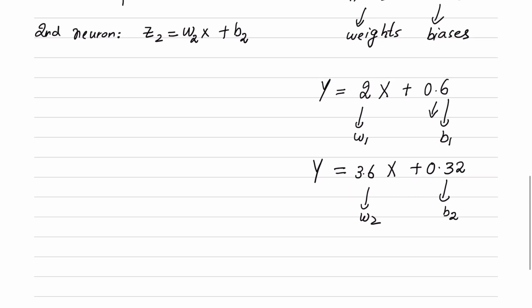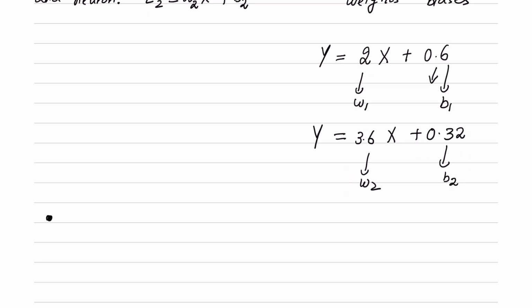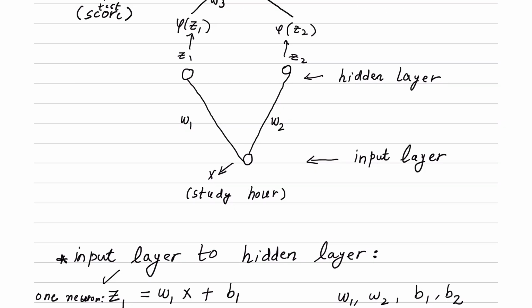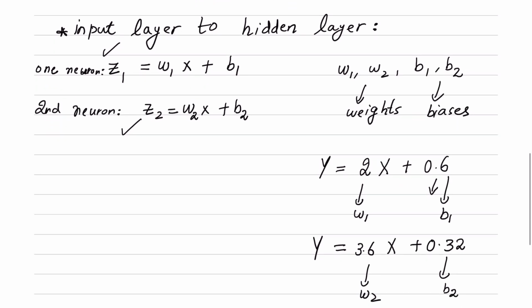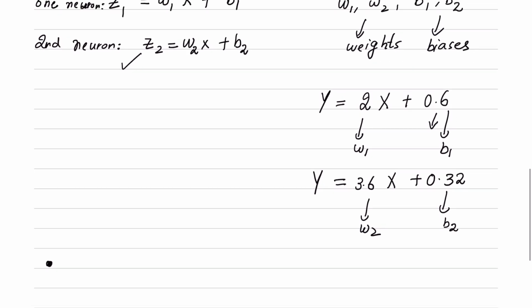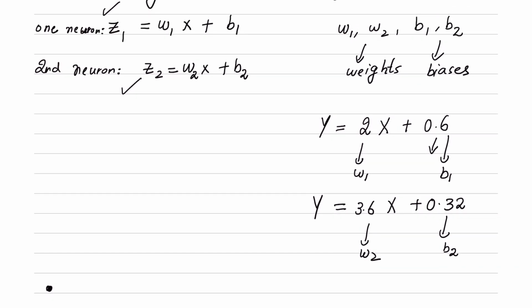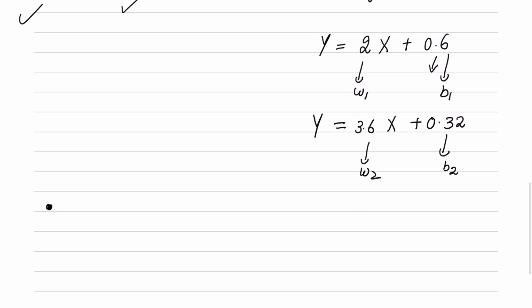Now let's move to the other part of this neural network learning. After this step of going from the input layer to the hidden layer, you can see that we applied an activation function on Z1 and Z2. So the next step is that we had this Z1 and Z2, we will apply an activation function on these two numbers.